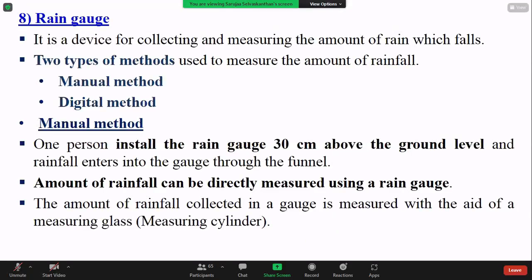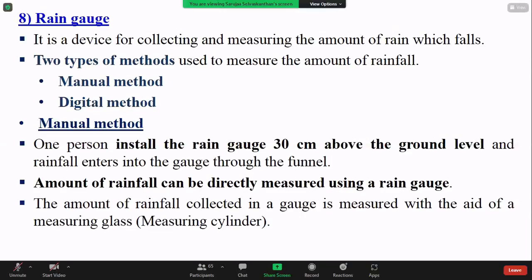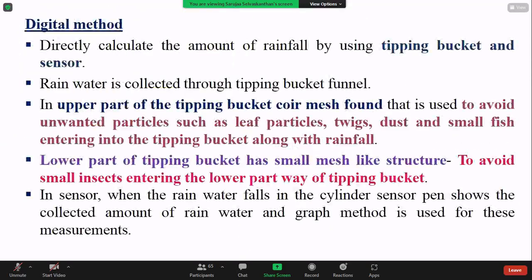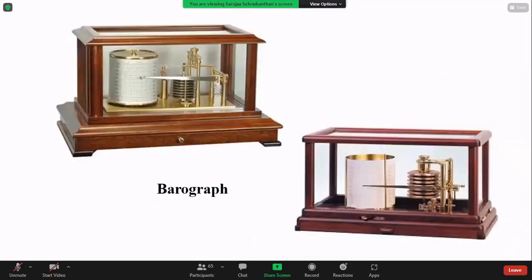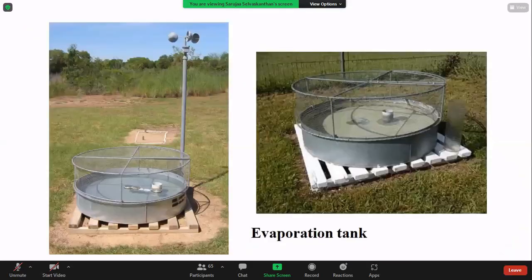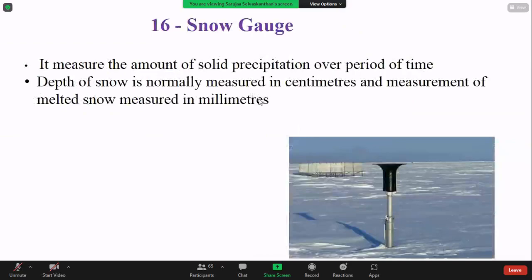In your area there is a chance for liquid, but in European countries there is a chance for snow. So for measuring snow, you can use the snow gauge. Depth of snow can be measured in centimeters or millimeters.